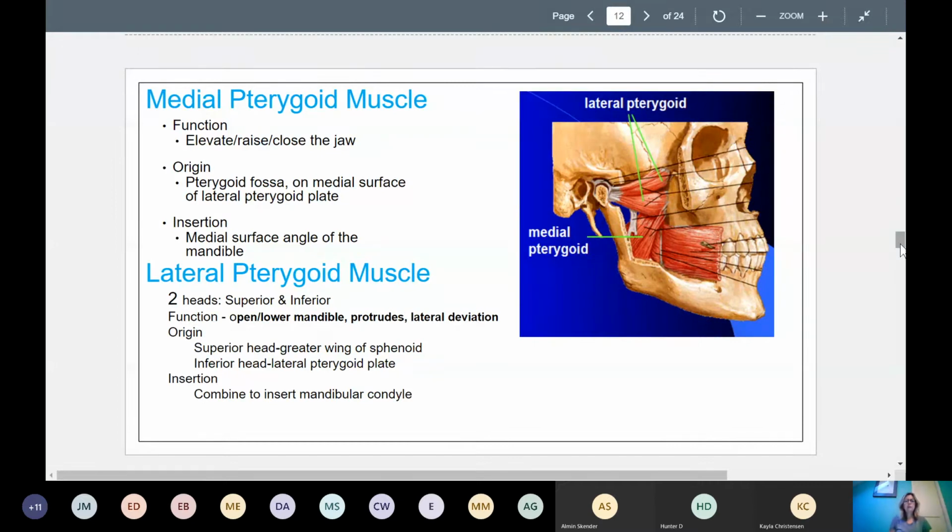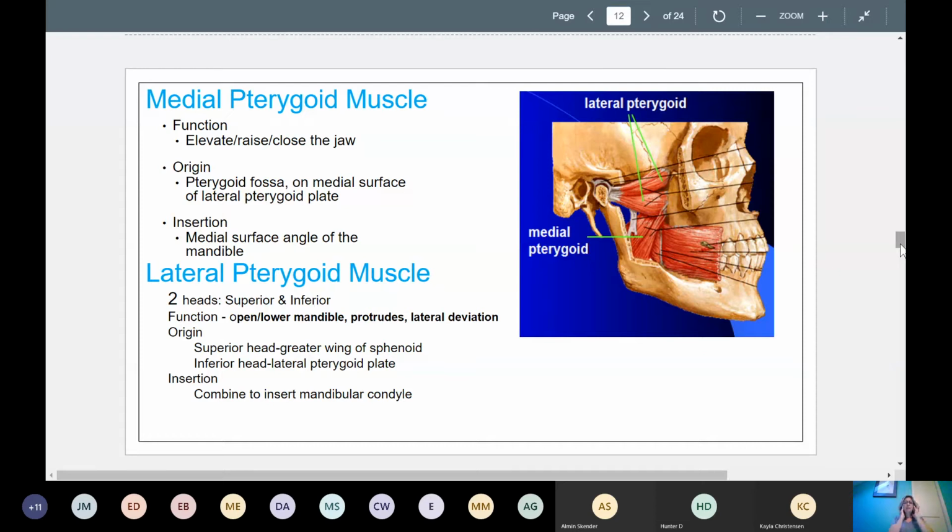And then your lateral pterygoid muscle has two heads, or two parts to it, a superior and an inferior. So the superior and inferior are going to lie up above and below each other like this. Their function is to open the lower mandible, protrude it, and laterally deviate it.